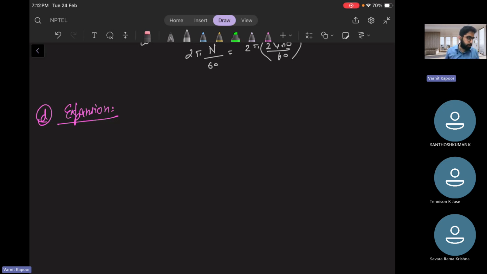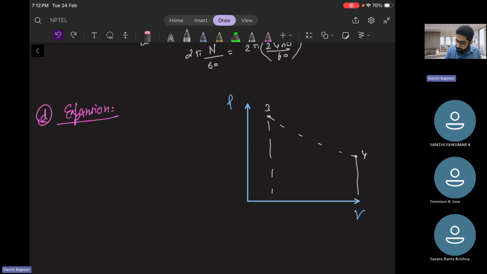What I want to say is that if you see a PV diagram, let me make the PV. So this was, suppose, process 3 to 4 in the ideal scenario. The area under the graph will be somewhat this.